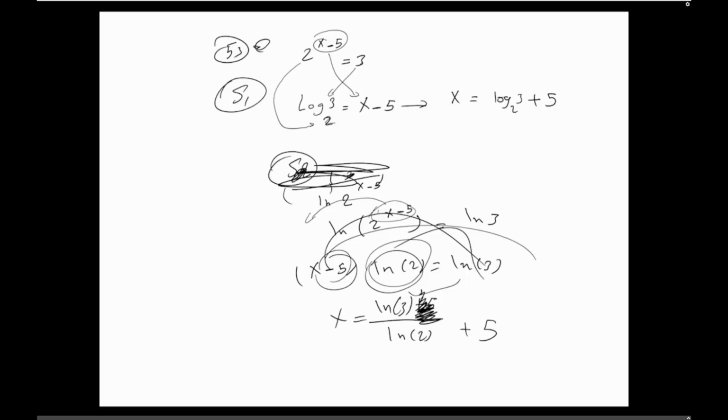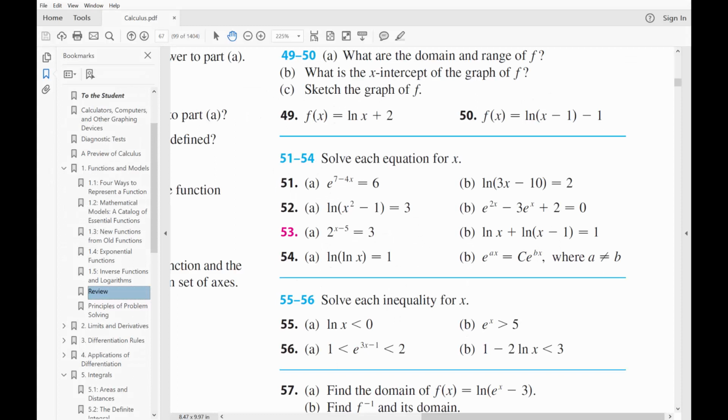So, before finishing, let's go for the last requirement, which is B, which says you have ln x plus ln of x minus 1 equals 1.